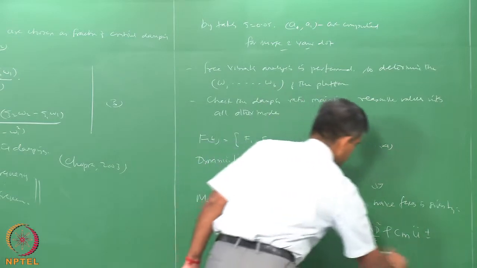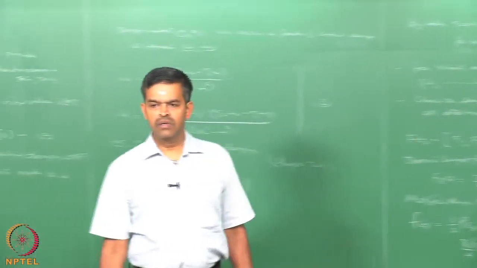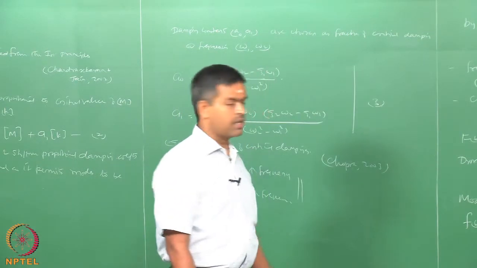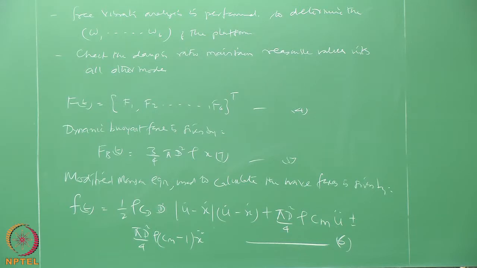Equation number 6, where x indicates the structural displacement, velocity and acceleration of the structure, u indicates that of the water particle kinematics.